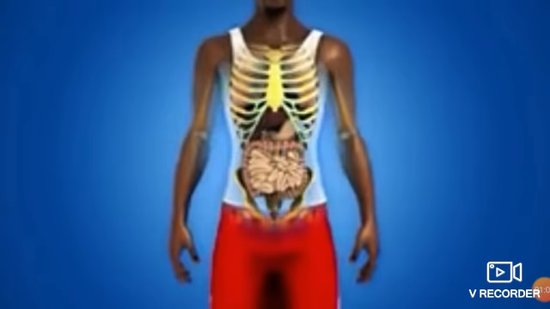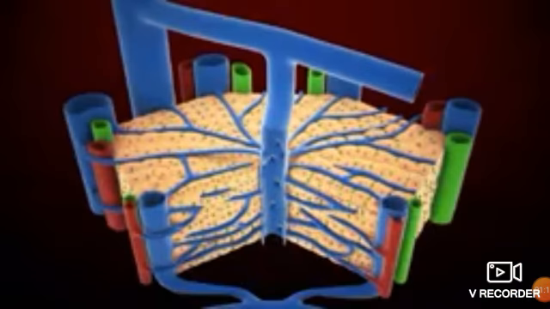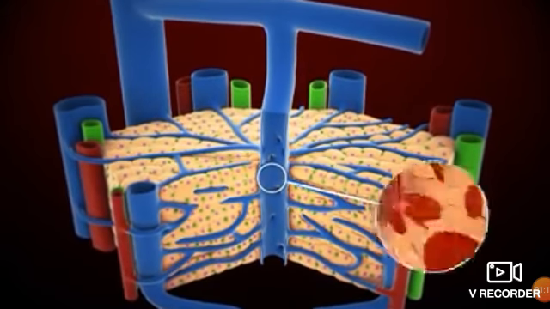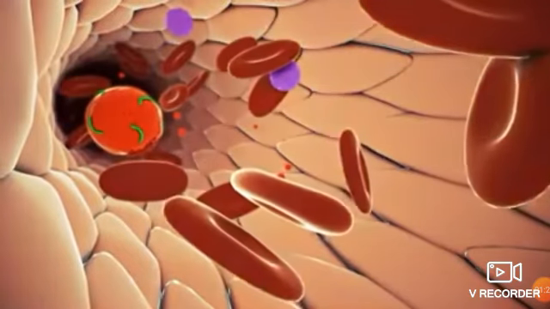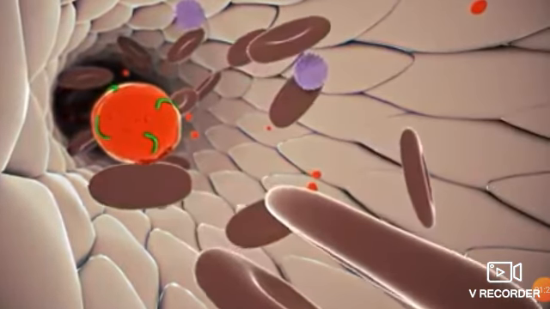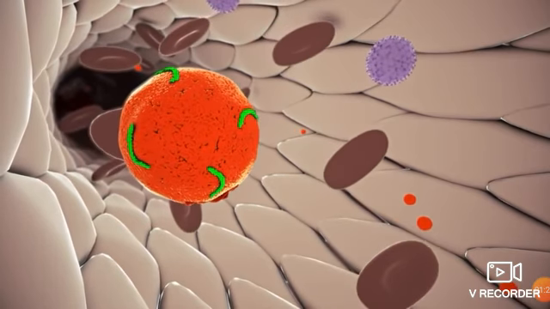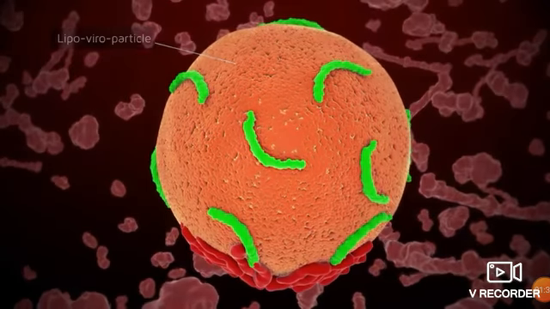The hepatitis C virus is a major cause of chronic hepatitis, liver cirrhosis, and hepatocellular carcinoma. The virus is transmitted mainly through blood and reaches the liver via the bloodstream. The virus circulates as a so-called lipoviral particle associated with components of low density and very low density lipoproteins.